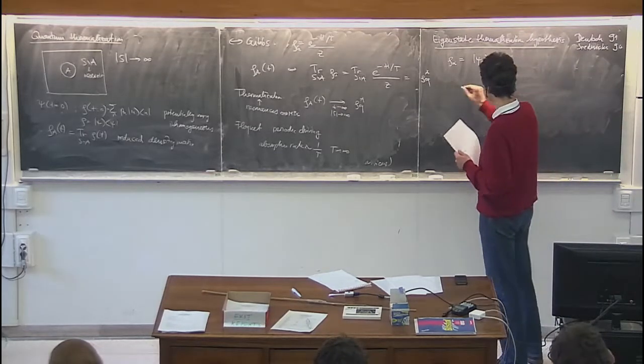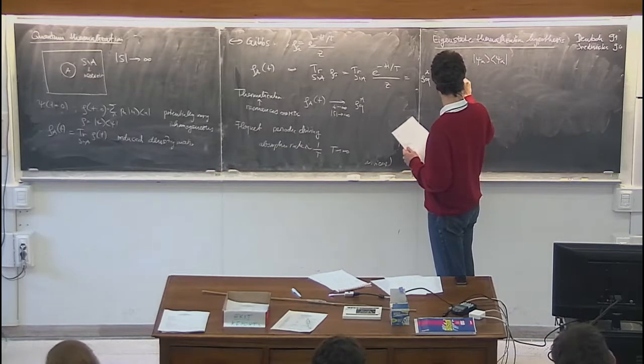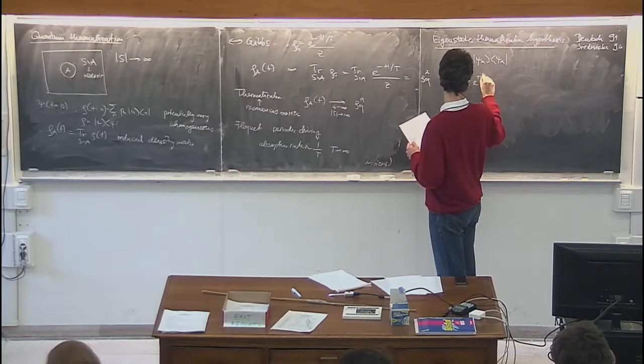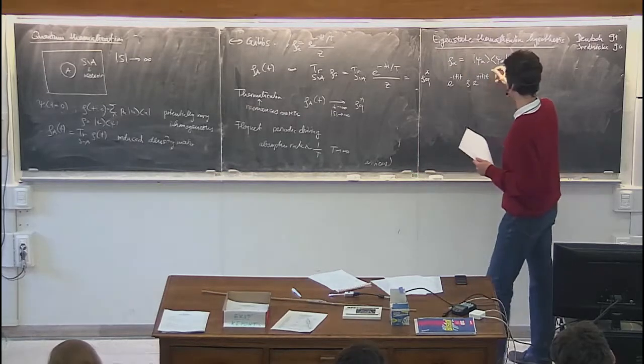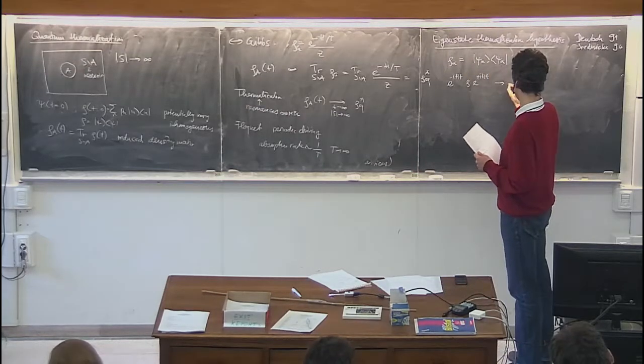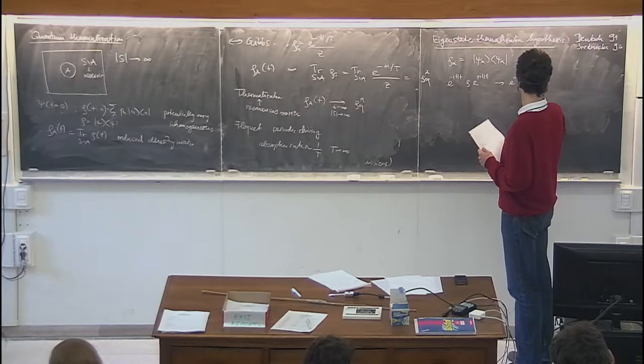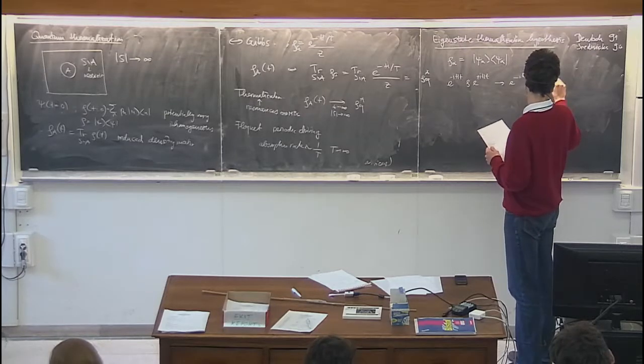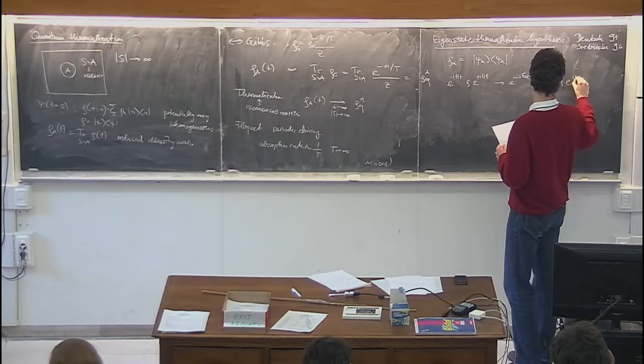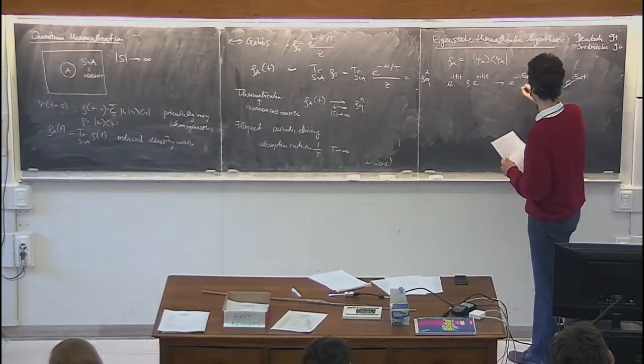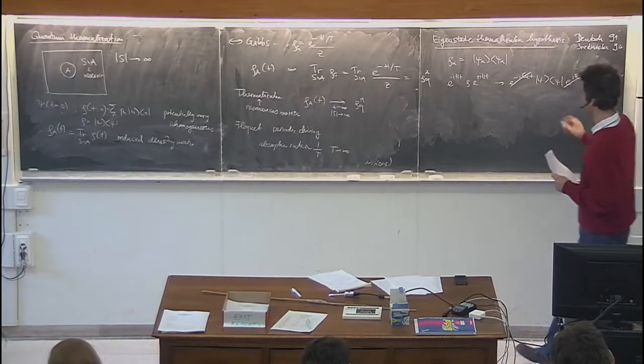It's constant, right? Because the density matrix evolves like this, and these are eigenstates, so you get e to the minus i E t, and so these phases go away, and so this is just constant.